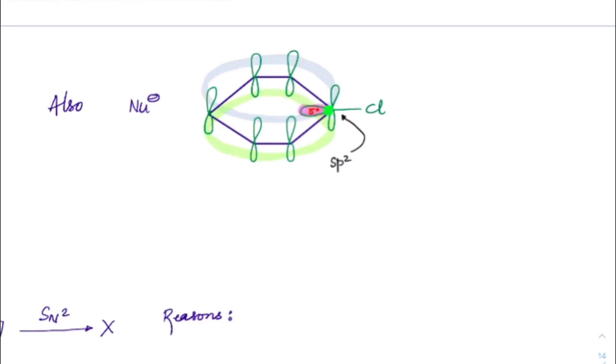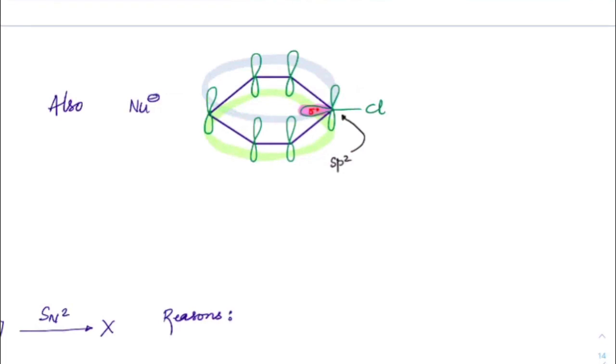But this sigma star orbital is within the cage of this entire unit, correct? Which means this sigma star is present within this ring, so there is no way that the nucleophile can approach it.